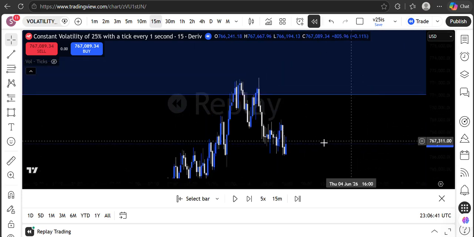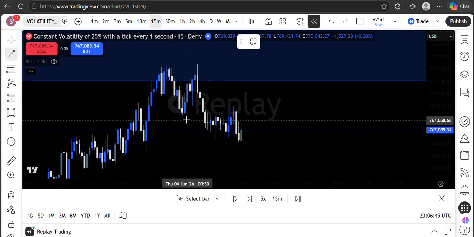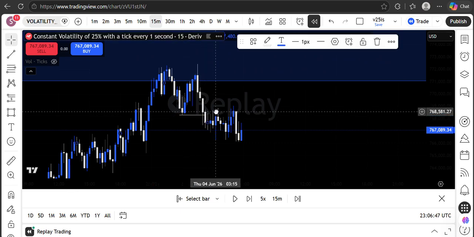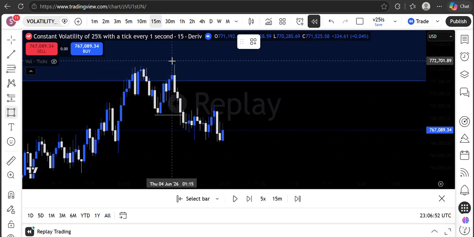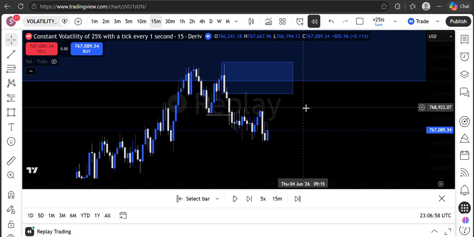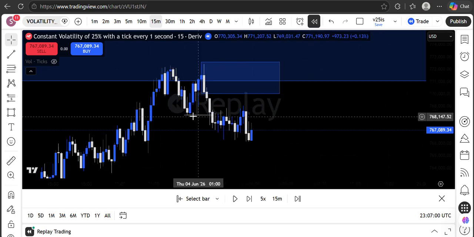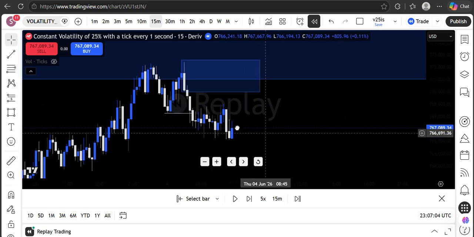So we saw that price mitigated this zone, and then we saw there was a change of character or a break of structure to the downside caused by this particular order block right here. So now this is the zone that caused that break of structure or change of character.